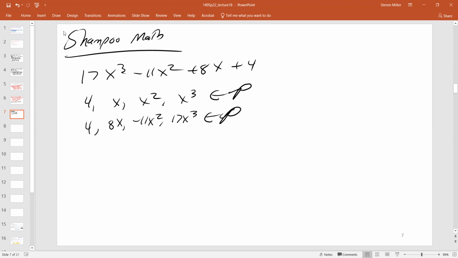This is just a special case where the second function is 0.